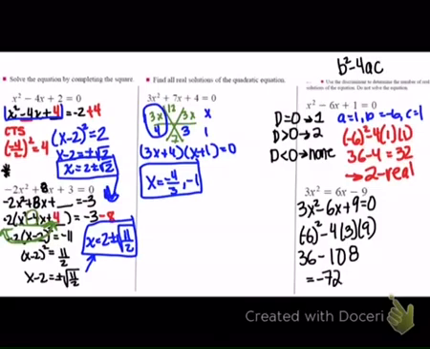How many solutions do I have? Less than 0? None, or this is actually considered imaginary.